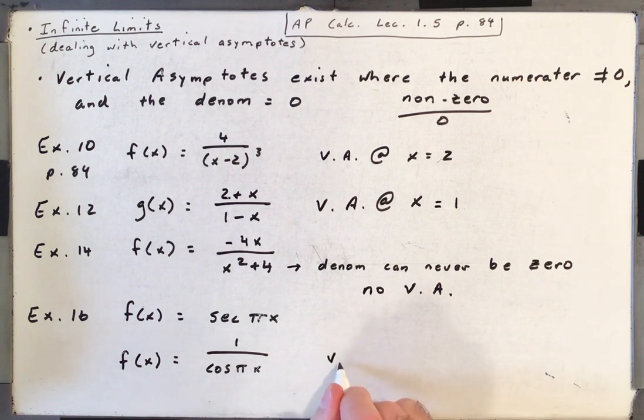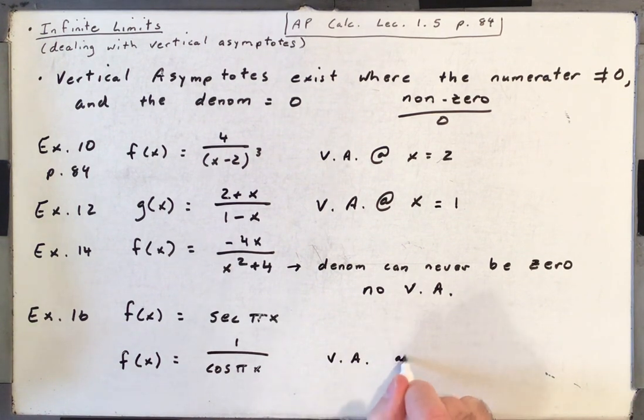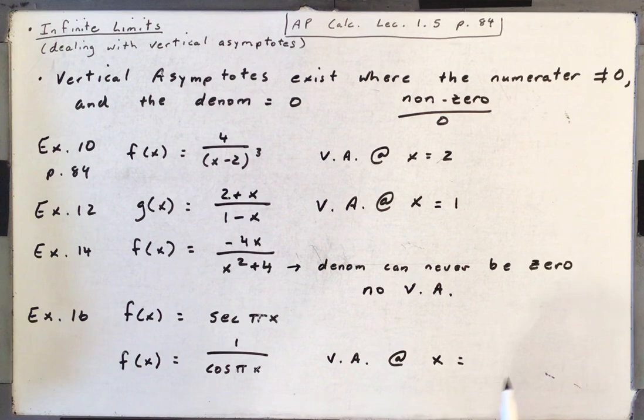So we have a vertical asymptote at x equals, well, the first one would be 1/2, right? If we plug in a half for x, we'd have pi over 2, and then cosine of pi over 2 is 0. Then the next one's at 3 pi over 2, so 3/2. Then 5/2. And it goes like that.